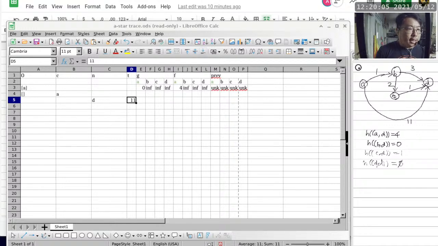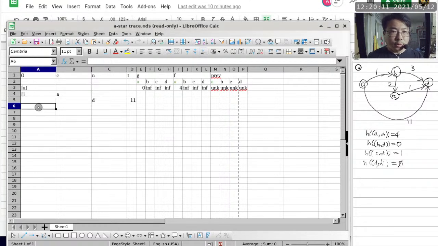We're going to have to add this element D to our set O. So the first thing we do is to update O here, so that it now has element or vertex D as its element. The next item is to update the prev, the previous.